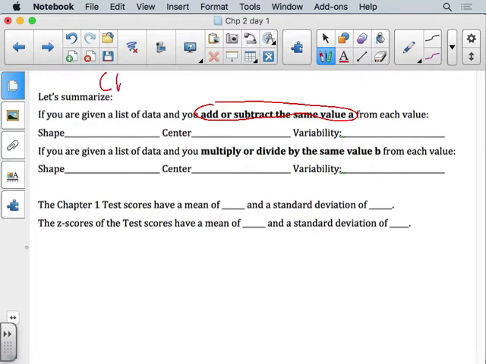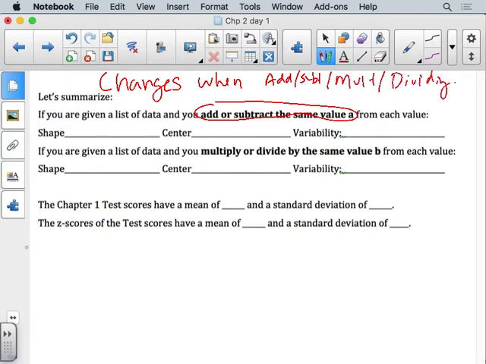We're talking about changes when adding, subtracting, multiplying, and dividing. That's what this little section is. So what is the change to my shape when I add or subtract the same value? I'm going to give you some examples, but what I want you to write down for right now is that the shape stays the same.